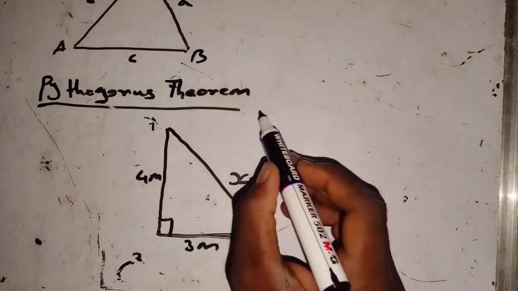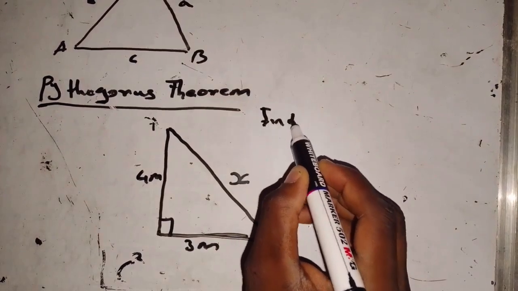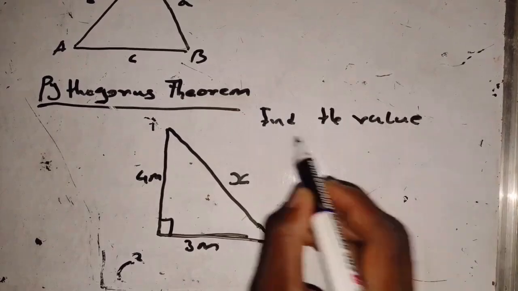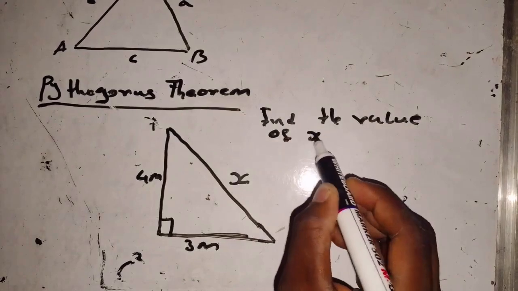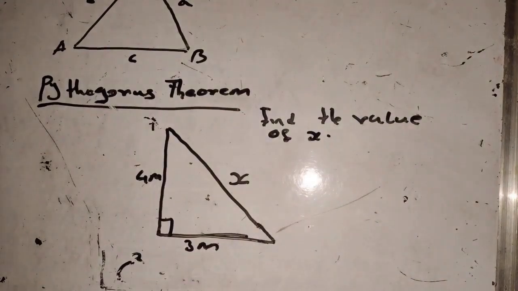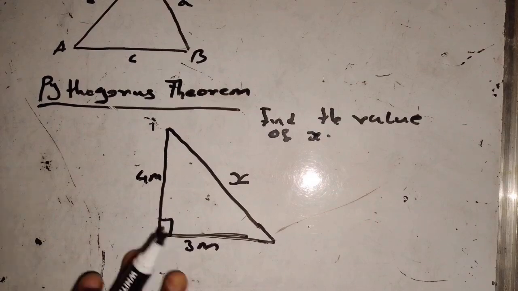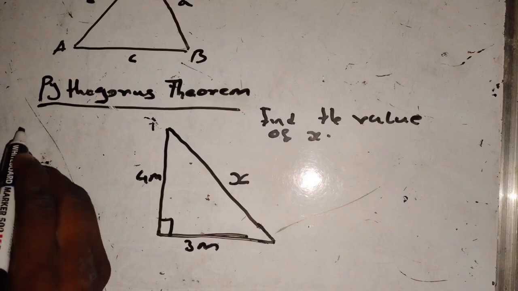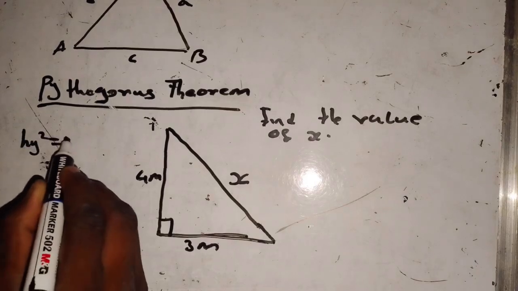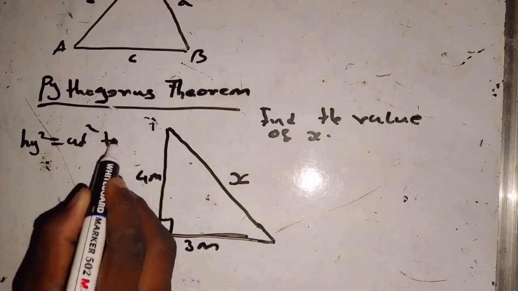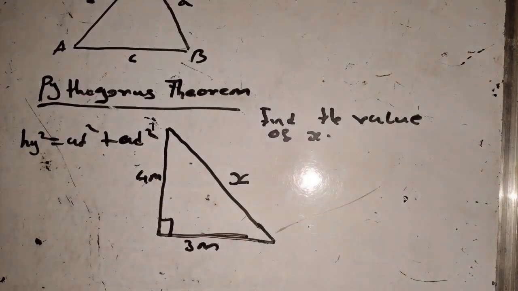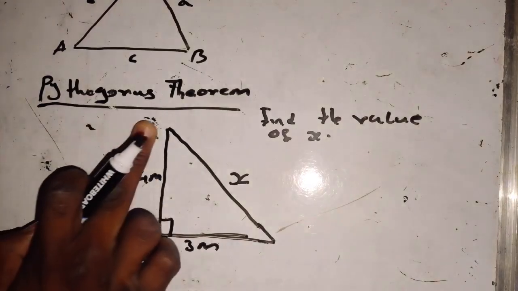So let's find the value of x. How can we find the value of x? Remember, I talked about the formula for the Pythagorean theorem, which is hypotenuse squared equals one side squared plus the other side squared.